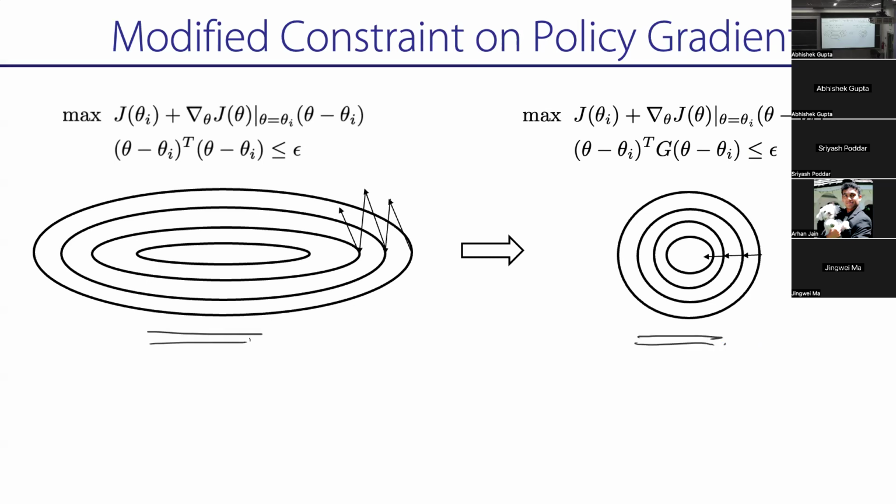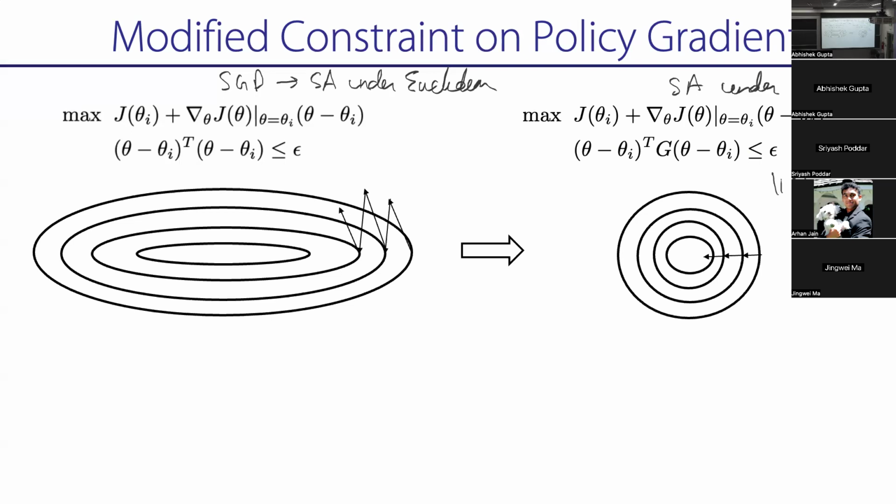We'll work out what exactly the gradient looks like, but intuitively, all we're saying is that SGD was steepest descent under the Euclidean norm, and we are now going to do steepest descent under not the Euclidean norm, but under the G norm. You can also write this as theta minus theta_i in the G norm.